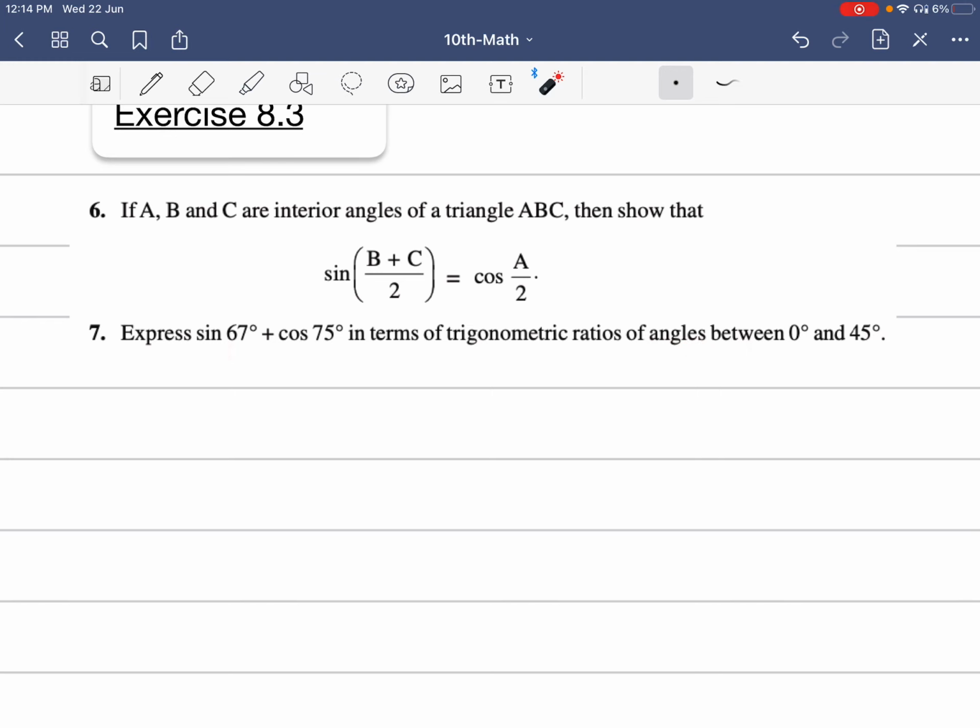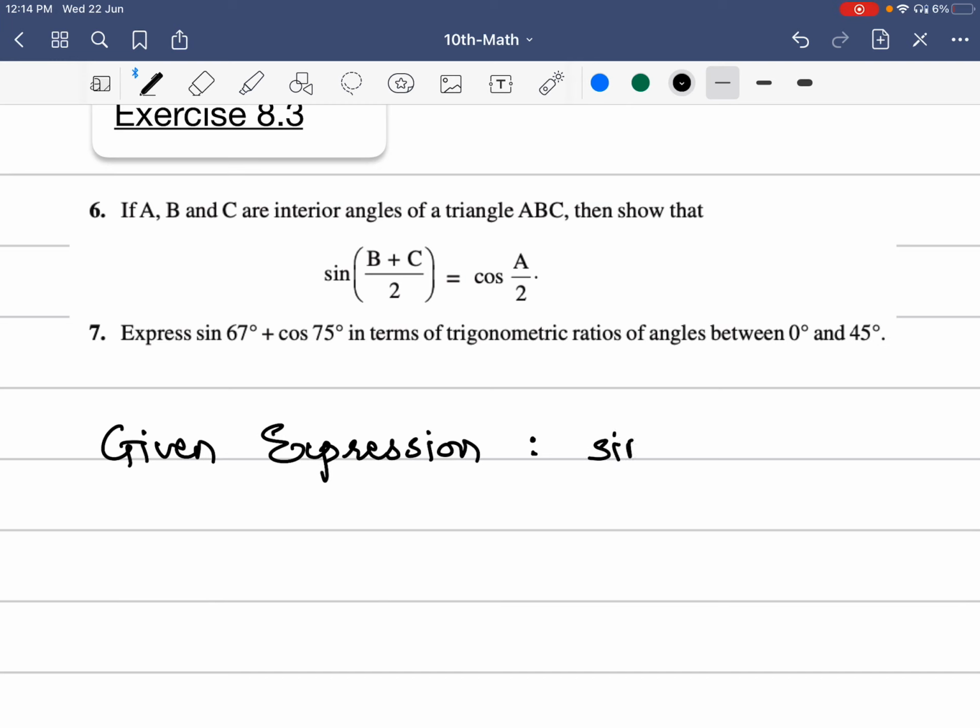So let me rewrite the expression. We have one given expression. What is our given expression? It is sine of 67 degrees plus cos of 75 degrees.